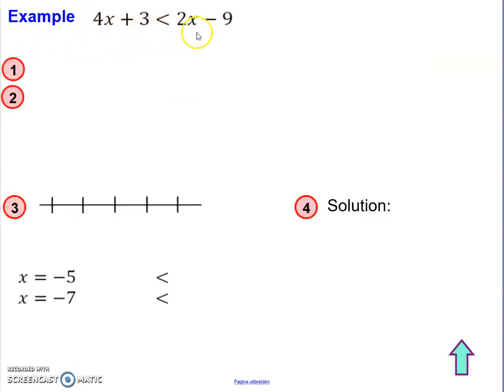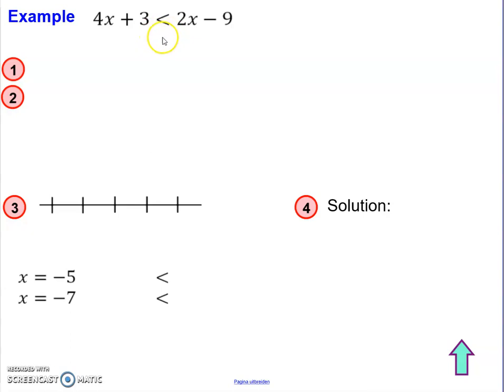Over here is the inequality, and you can recognize it because over here is the less than symbol. So we need to find the break-even point, or the point of intersection. And to do this, we're not going to look at when the left side is less than the right side. We're going to look at when they are equal.